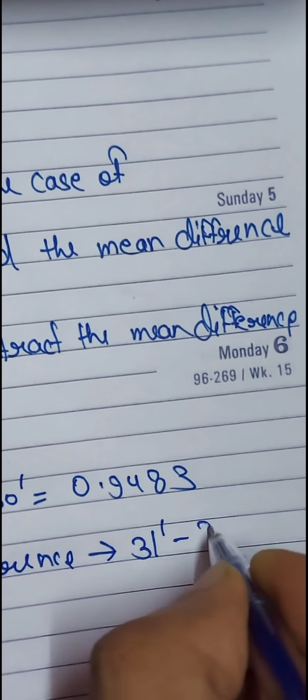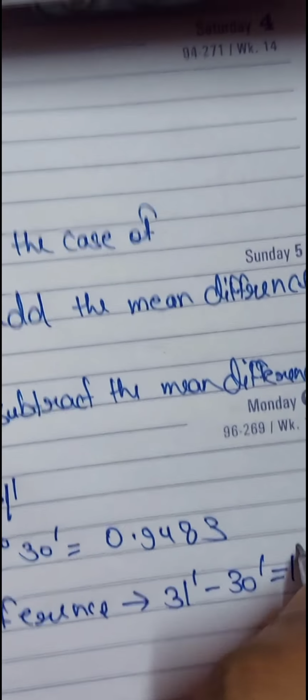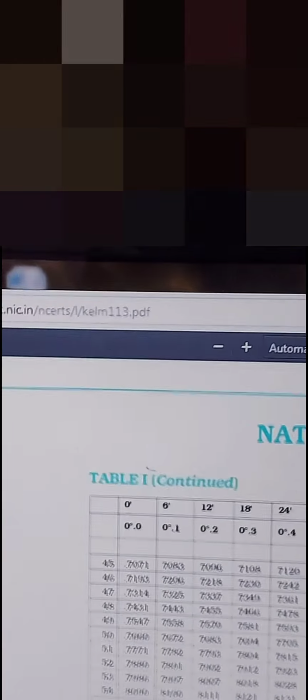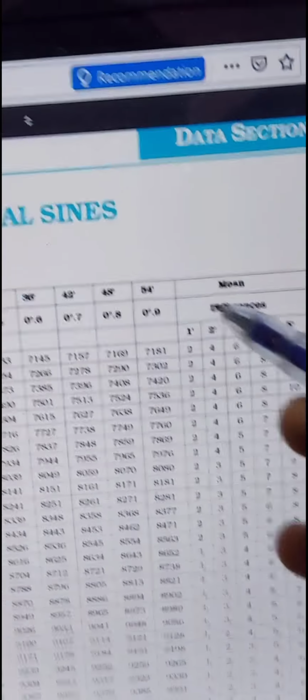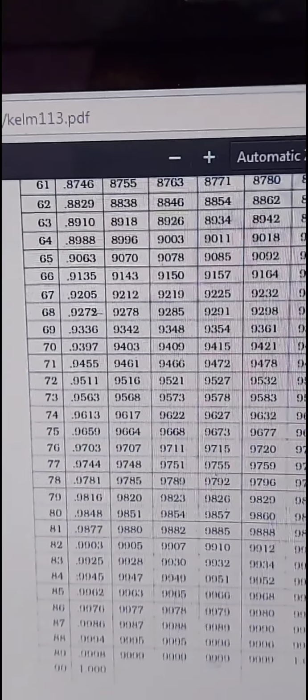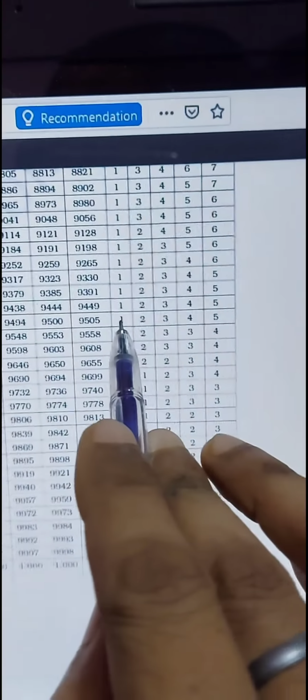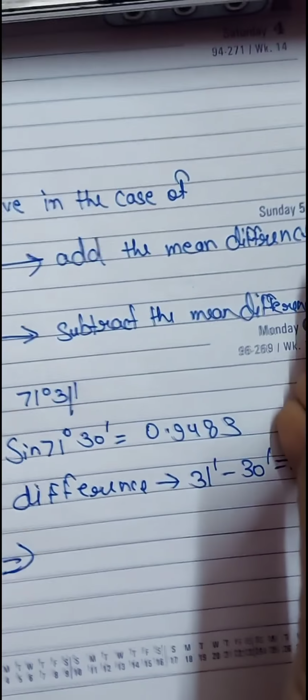Now the difference, 31 minutes minus 30 minutes is 1 minute. Now let's see the mean difference column. Mean difference here is 1 minute, and you have to see in the row of 71 degree. So 71 degree and 1 minute, here we have 1. What we have learned in the previous point, we have to add the mean difference.